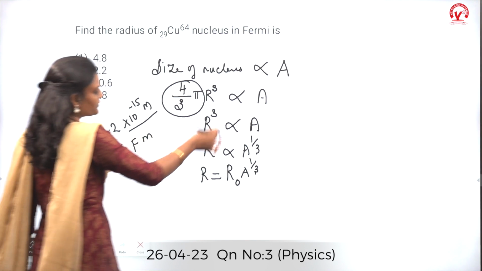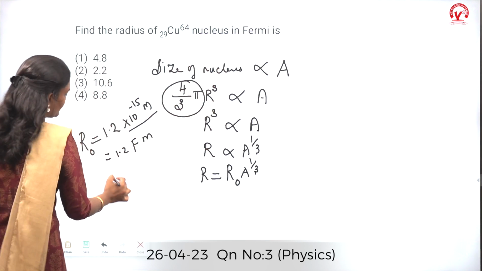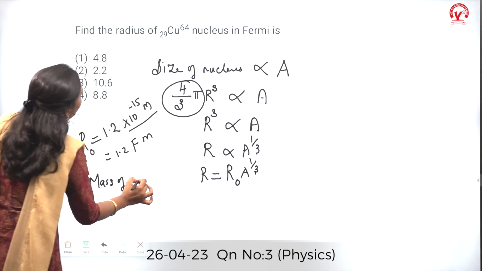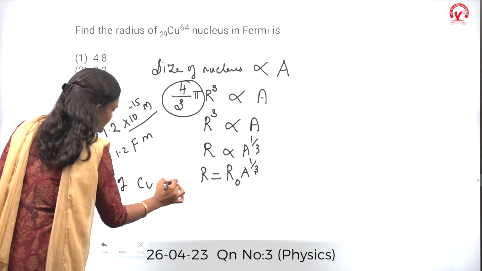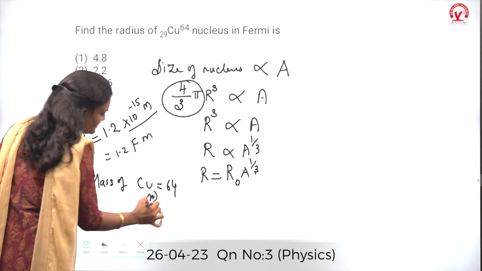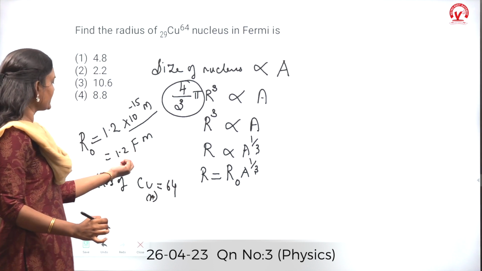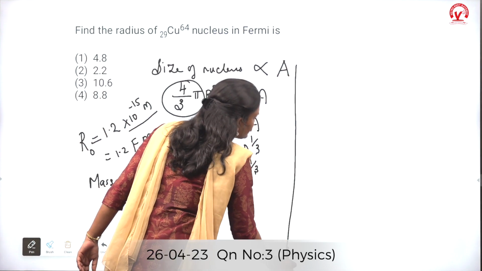Now you substitute in this formula the given value of mass of copper nucleus. What is the mass they gave? 64. So they gave the atomic mass number A as 64, and R naught is 1.2 Fermi. Now you substitute this, and you will get the radius of the nucleus.